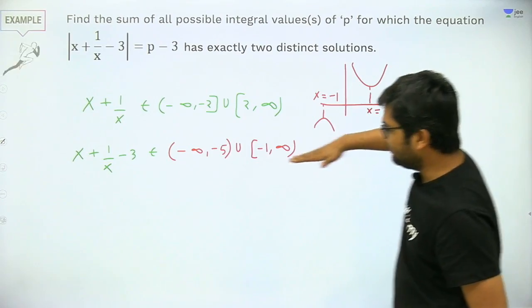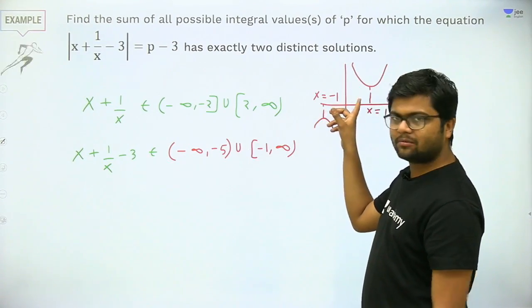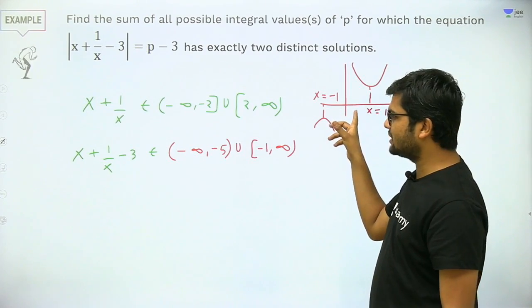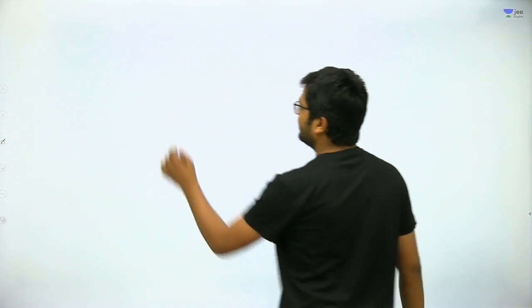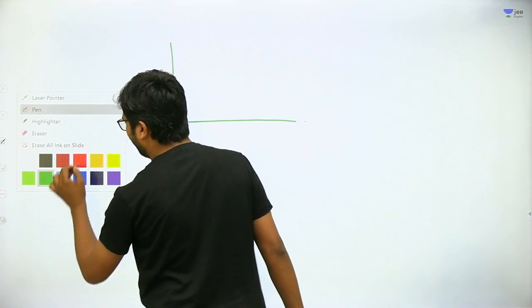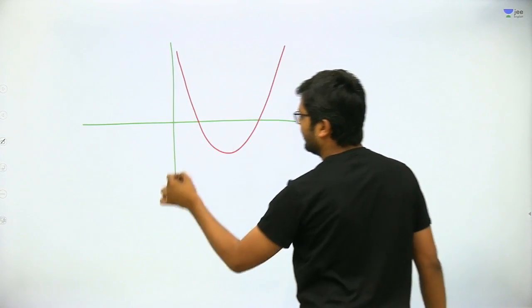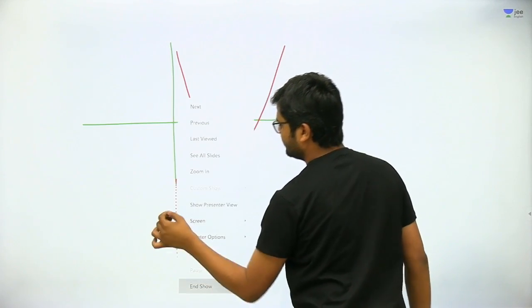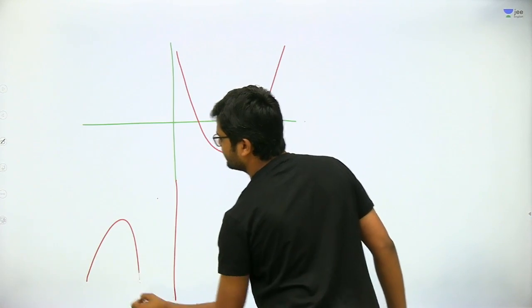So I am plotting the graph of x + 1/x − 3 by taking this graph as my base graph and shifting it vertically downwards. So the graph that will be formed will be something like this, and on the negative side it will be something like this.